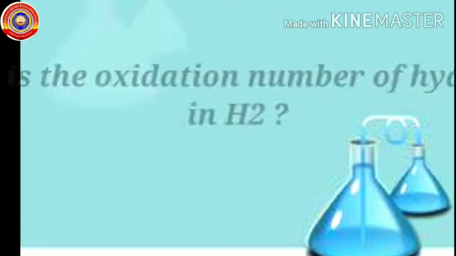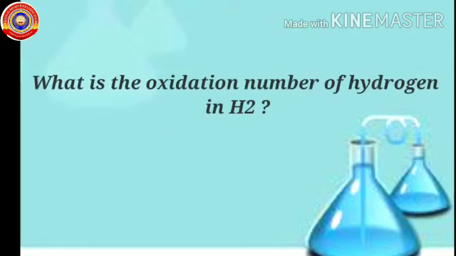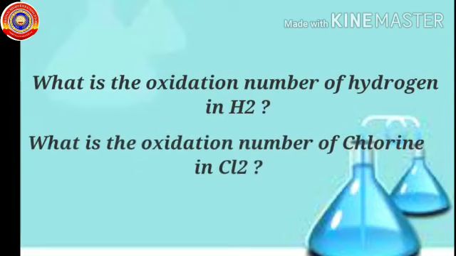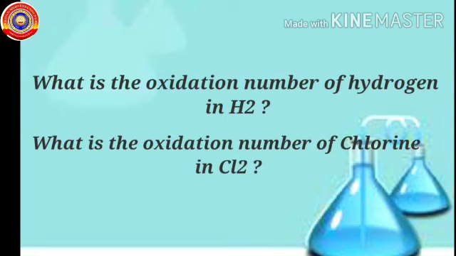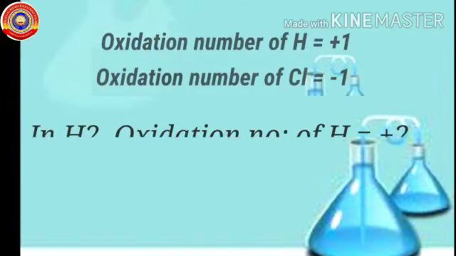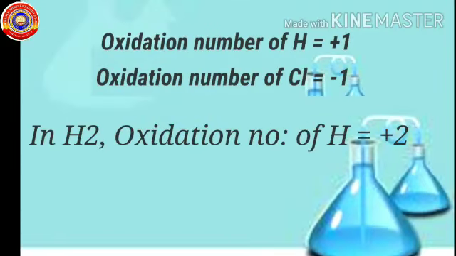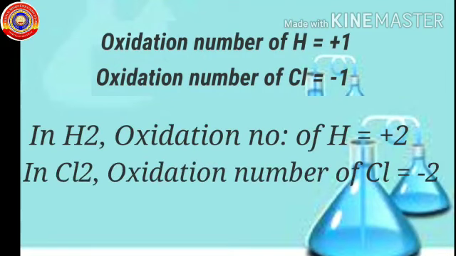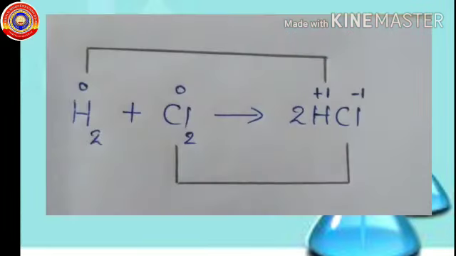If so, what is the oxidation number of hydrogen in H2? What about the oxidation number of chlorine in Cl2? In H2, the oxidation number of H is equal to 0, and in Cl2, the oxidation number of Cl is equal to 0. Now let us rewrite the equation by including the oxidation numbers.